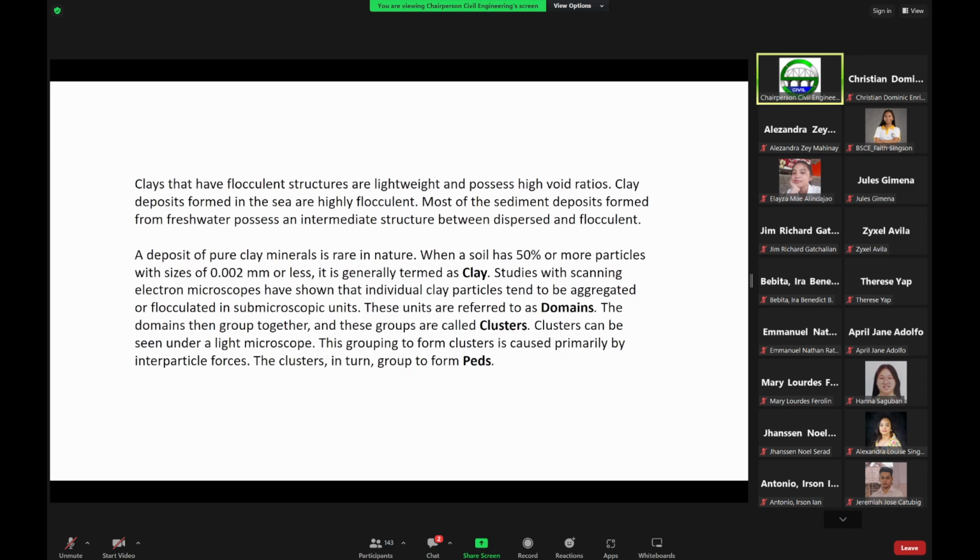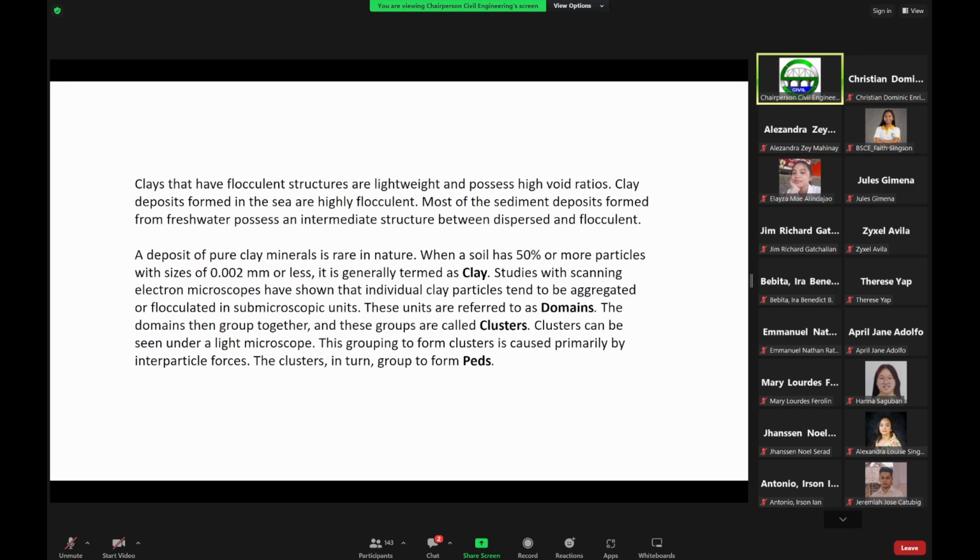Studies with scanning electron microscopes have shown that individual clay particles tend to be aggregated or flocculated in sub-microscopic units. Now, these units are referred to as domains. The domains then group together, and these groups are called clusters.